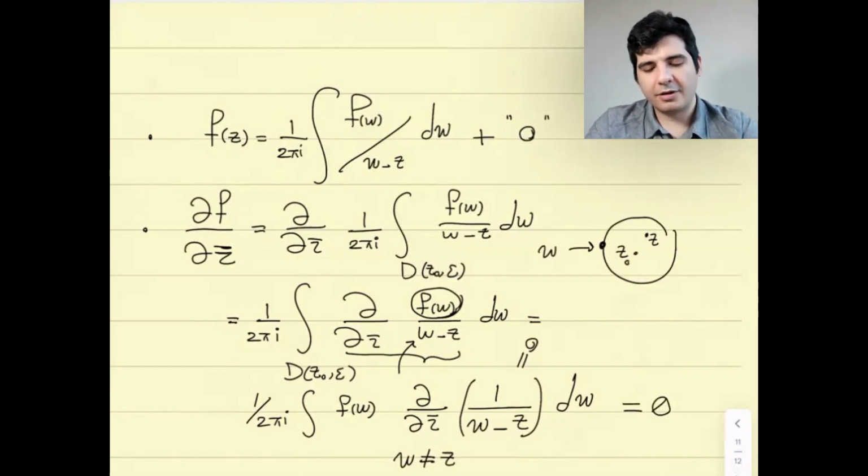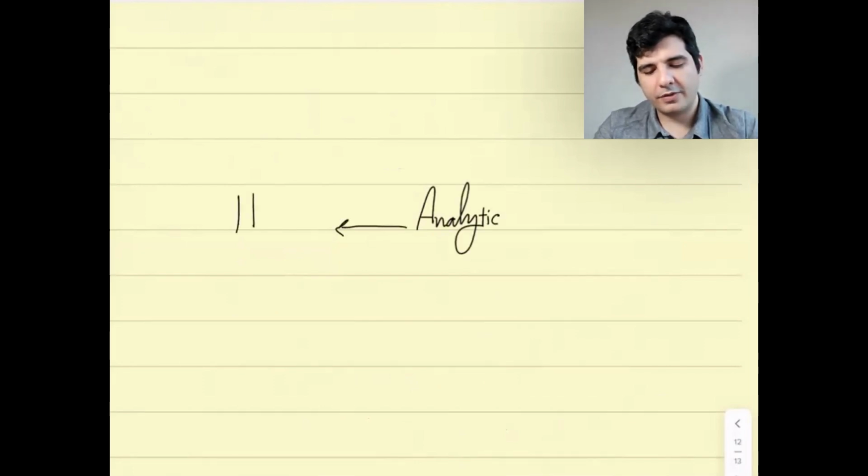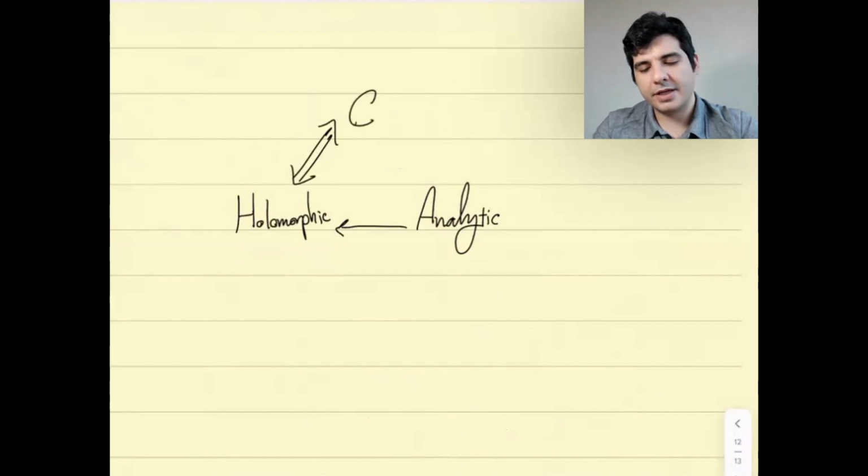Therefore, the integral is 0. And therefore, the derivative of f with respect to z bar is 0, which means f is holomorphic. That's great. This shows that being analytic shows f is holomorphic. And we already know being holomorphic and complex differentiable are the same.